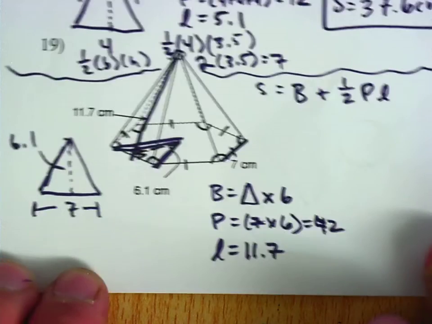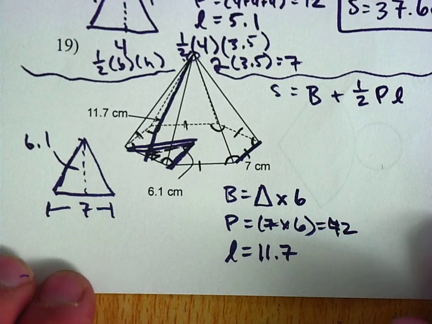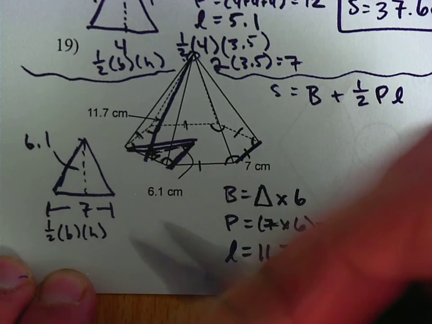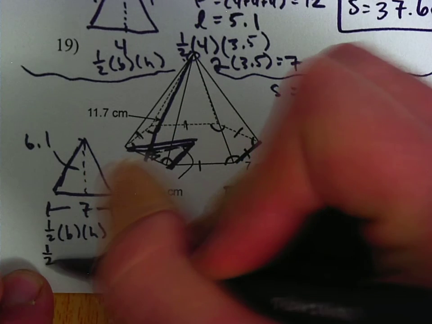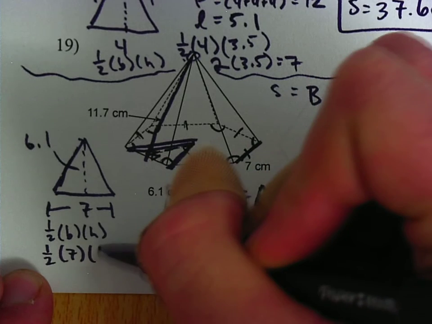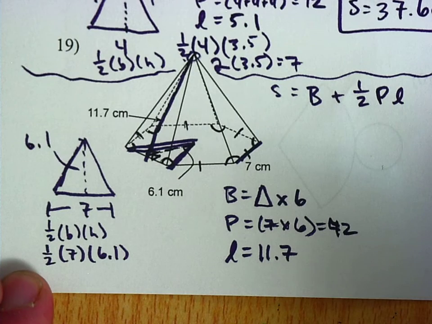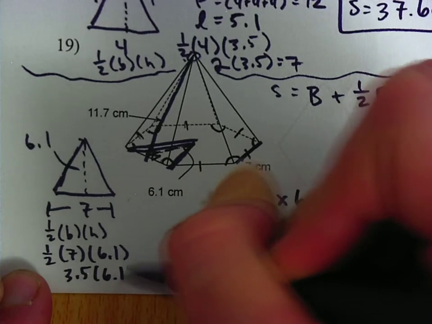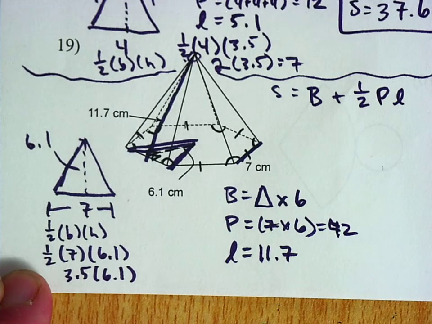The height of our triangle is 6.1. So this is 1/2 base times height, or 1/2 of 7 times 6.1. 1/2 times 7 is 3.5 times 6.1.